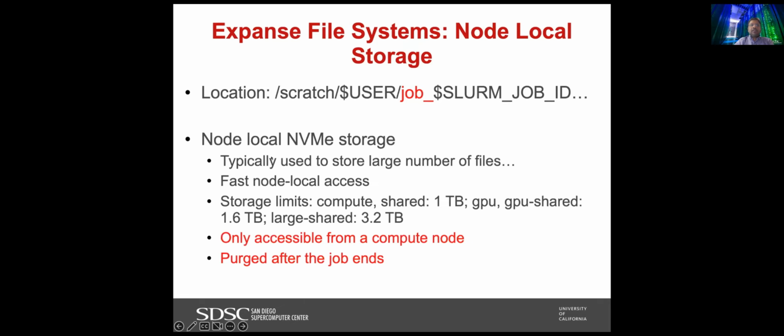So this is typically used if you have a workflow that writes a lot of small files. For example, there are some tools that write out tens of thousands of files that they're using to store integrals or something that are being reused in your computation, but they don't really need them after the computation is done.